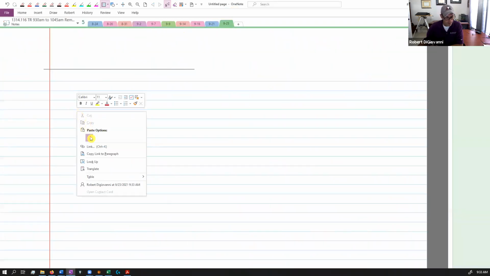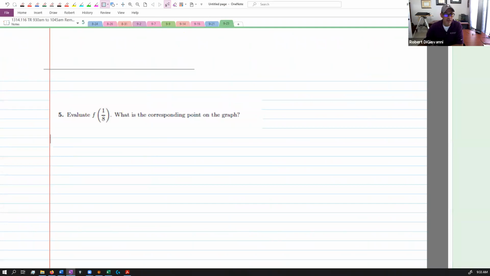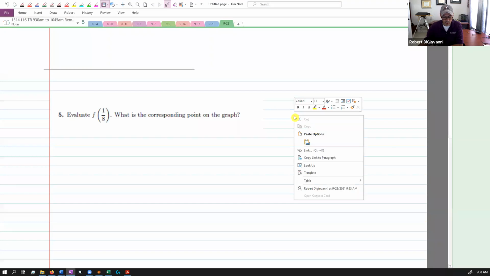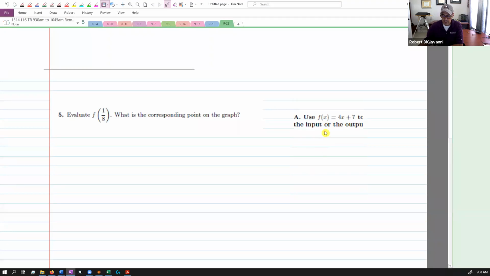So here was number 5 from page 85, and they were asking you to use this function right here. Is that right? Yes. Okay, I just want to make sure I'm doing the right problem here. So you're asked to find what is f of 1/8, and you're given this function 4x plus 7.